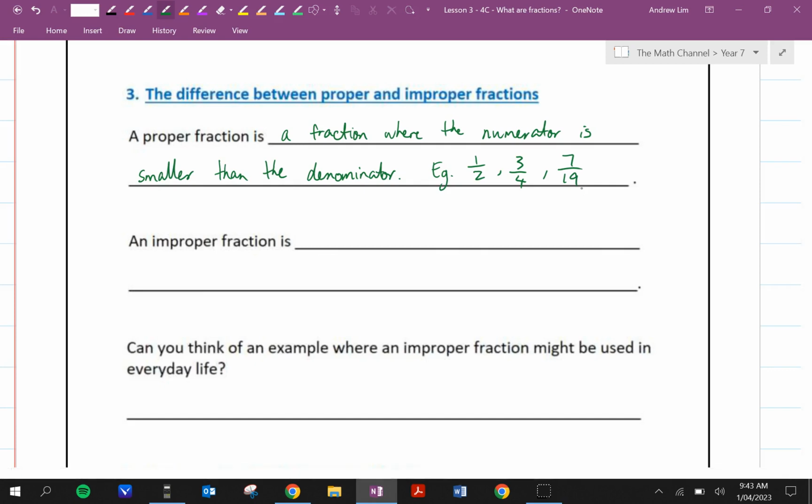Whereas an improper fraction is a fraction where the numerator is bigger than the denominator.